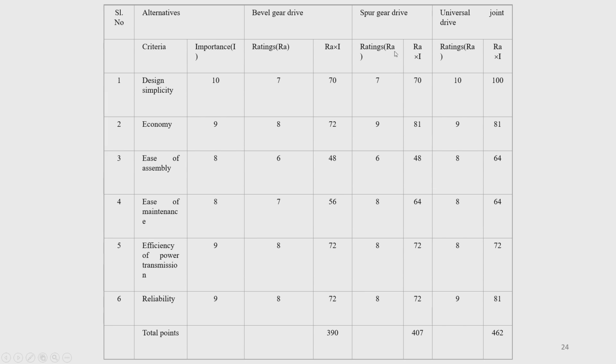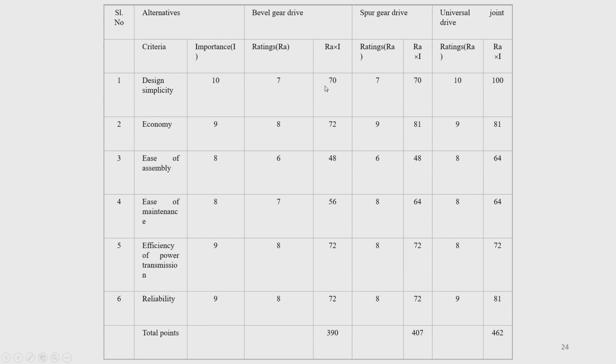Then spur gear drive, here also you see that ratings have been given in different criteria, and then multiplied by the corresponding weightage of the alternative. So, R into I, economy this is into I. Universal drive, ratings have been given, and then importance is given. So, 10 into this, 100, and this becomes this one.